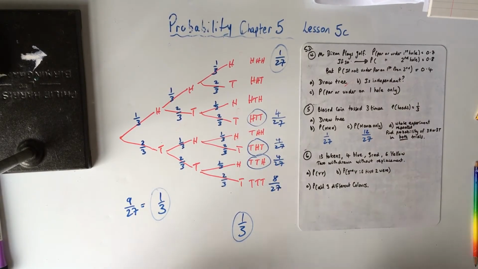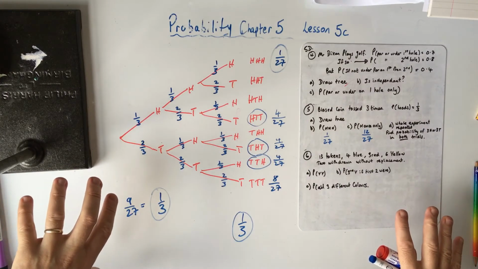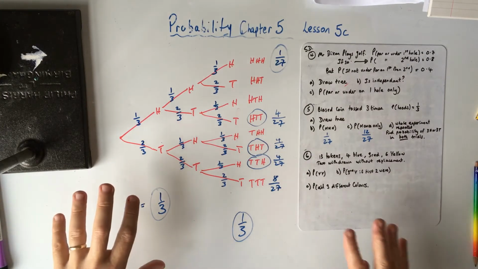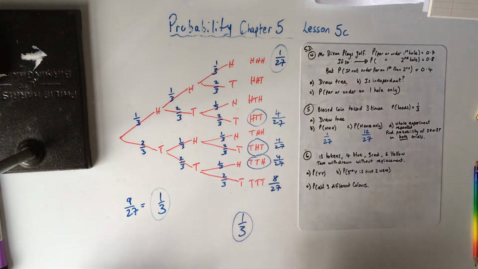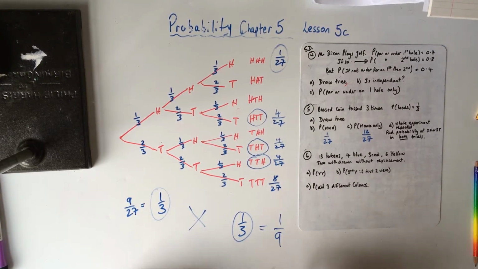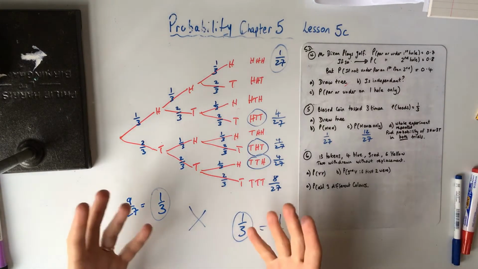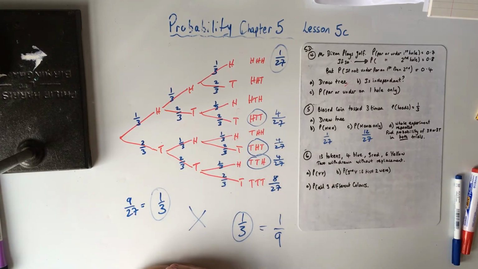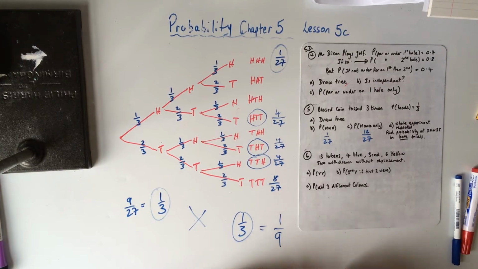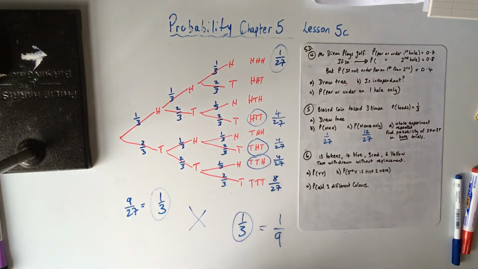So because the two trials are independent of each other, it happening in this one followed by it happening in that one is a third times a third, which of course is a ninth. So the chances of you running this experiment and getting either 3 heads or 3 tails, and then doing it again and getting either 3 heads or 3 tails, is a third times a third, because they're independent of each other, which is 1/9.